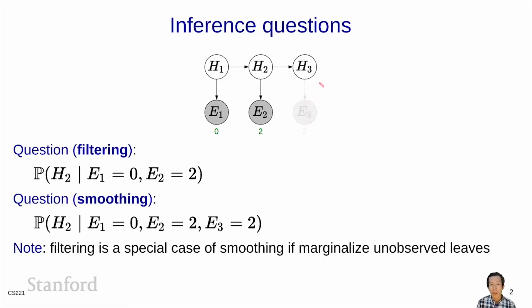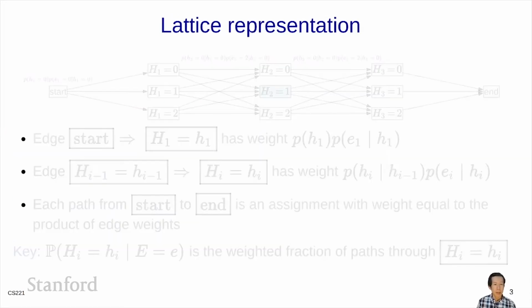Now h3 is an unobserved leaf, and I can remove that as well. So now this filtering query is actually a smoothing query where there is no future because I don't observe the future. So now let us just focus on smoothing queries without loss of generality.